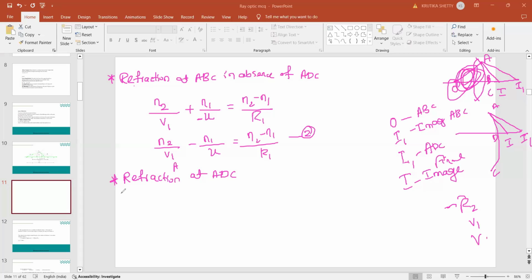According to your formula, the refractive index of the image is N1 divided by the image distance, which is V, minus N2 divided by V1, is equal to N2 minus N1 divided by minus R2.